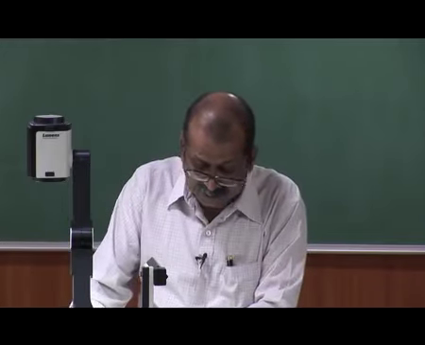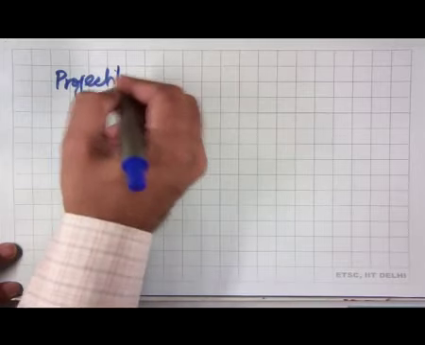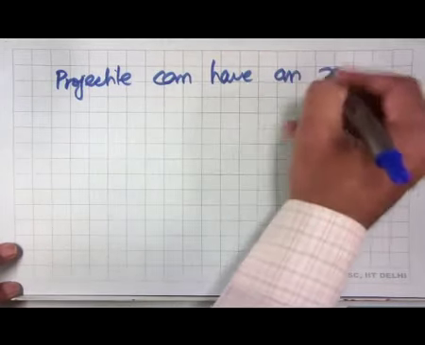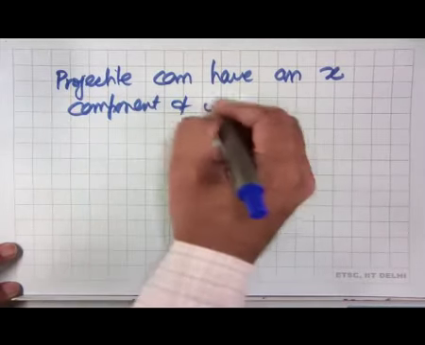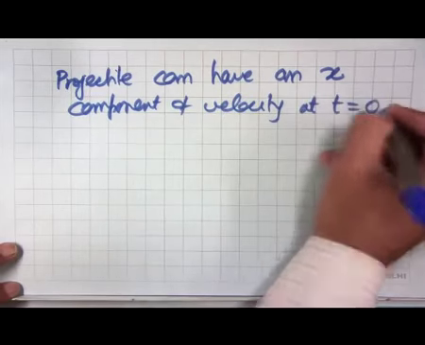What we have is, the projectile can have an x component of velocity at time t equal to 0.